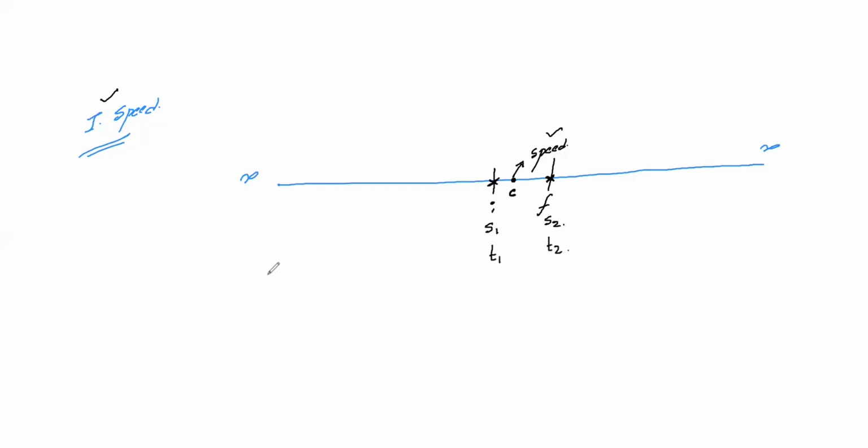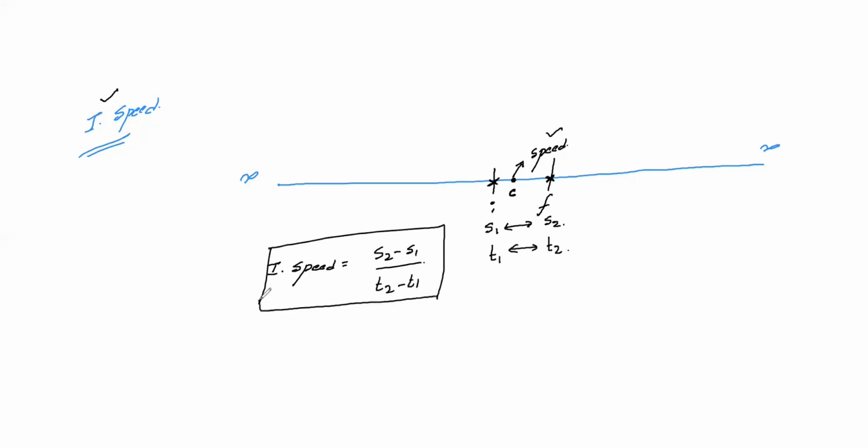So instantaneous speed can be measured as distance by time period. The distance change is S2 minus S1, divided by the time period change, T2 minus T1. So this is your instantaneous speed, which is equal to change in distance by change in time period. And remember one more thing, it is small changes.